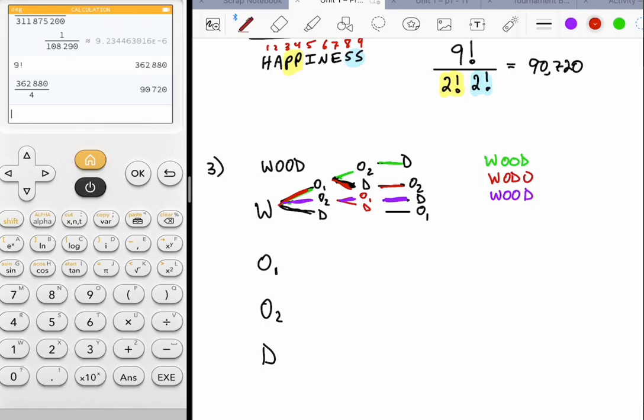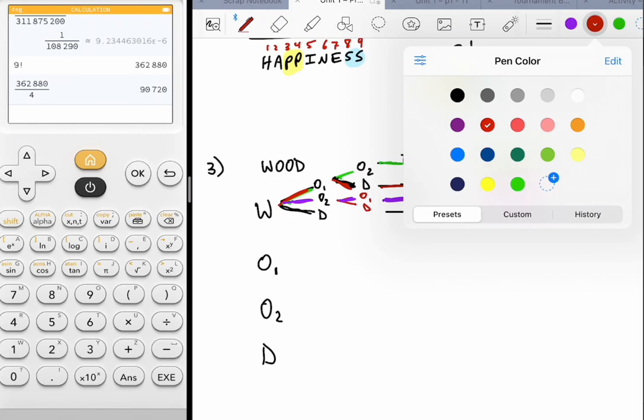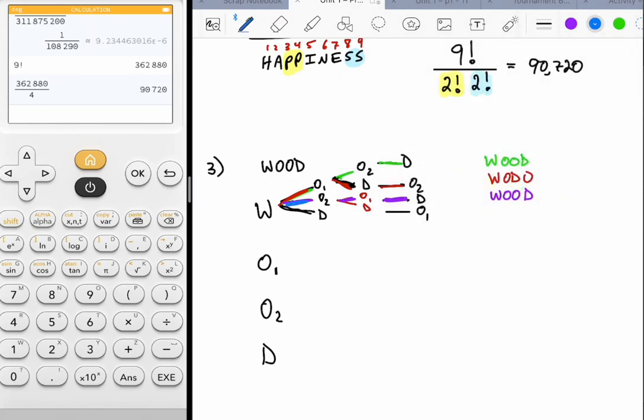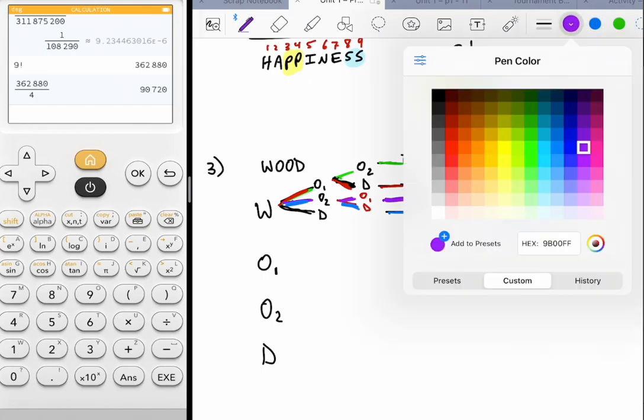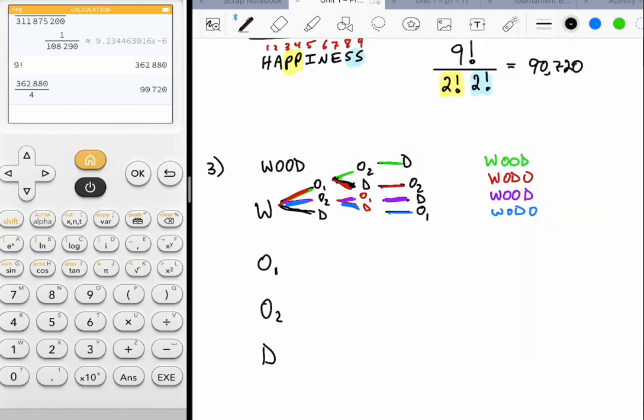And if I follow this pathway, I end up with wodo. So I ended up getting double what I wanted in terms of the outcomes, because wood I already have, and wodo I already have. So these two are unnecessary. And when I continue the process, I'm going to find more and more unnecessary things.